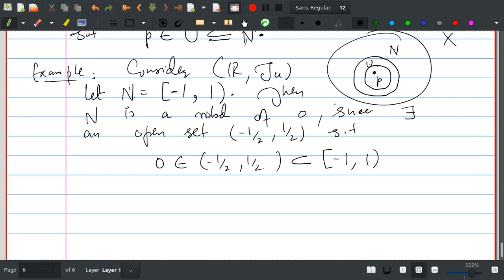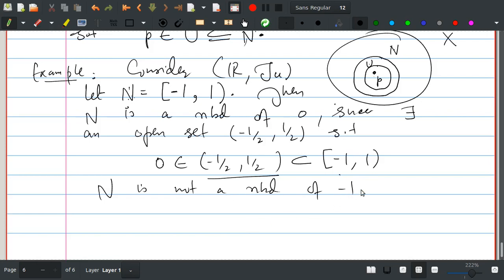So this set N is a neighborhood of 0 because for 0 we are able to find such a set. But that doesn't mean N is a neighborhood of each of its points. Here -1 is in N, but N is not a neighborhood of -1, because for -1 we cannot find an interval which is contained in this set and contains -1.